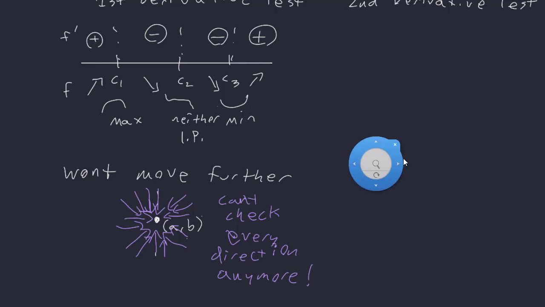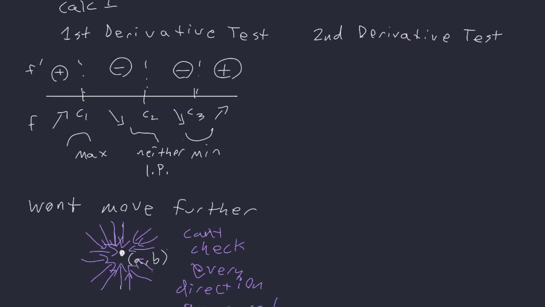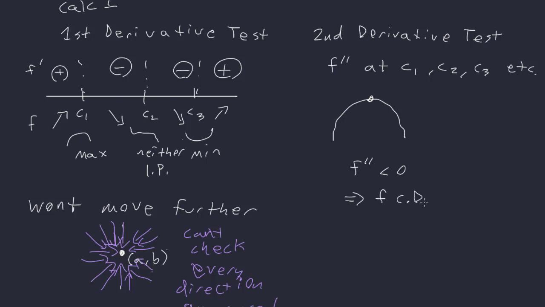So that leads us to the second derivative test, which instead looked at the second derivative at the critical points. Because if at a critical point, say f double prime was negative, that would mean f was concave down, and concave down at a critical point meant that we had a maximum.